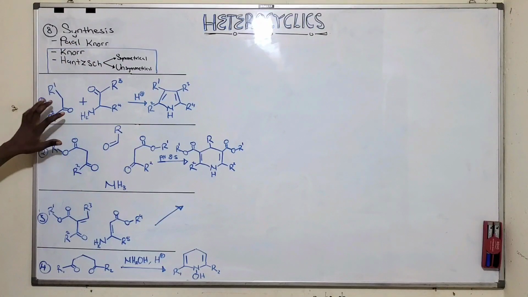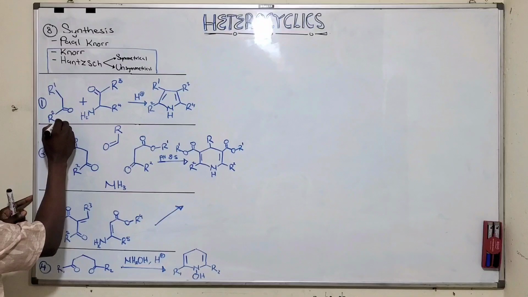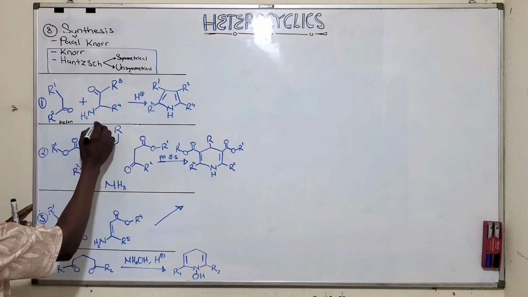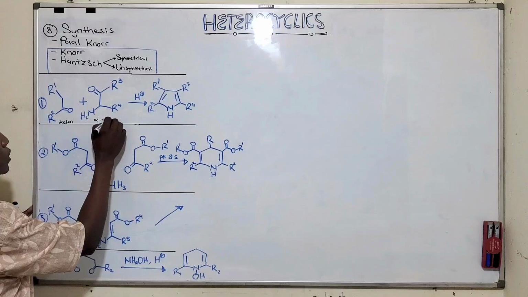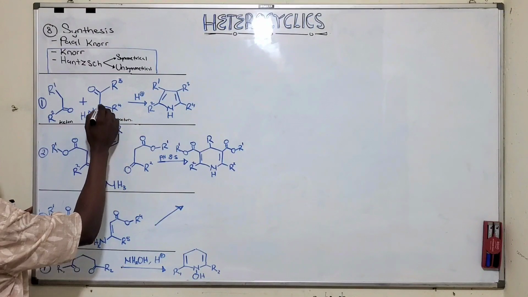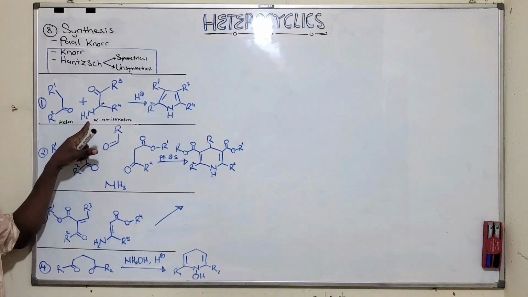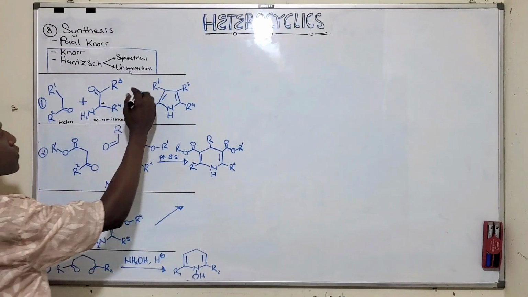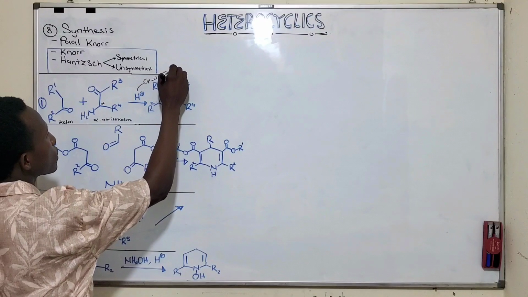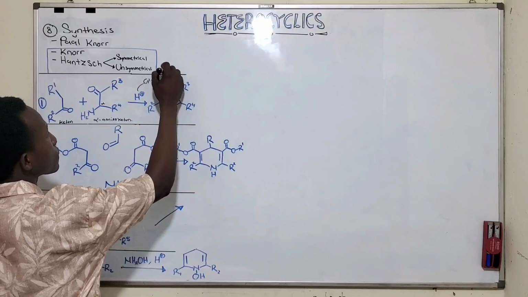So from the ketones, this is a ketone, like any other ketone, and this is an alpha amino ketone. This is the alpha carbon. We have an amino group here in the presence of glacial acetic acid.